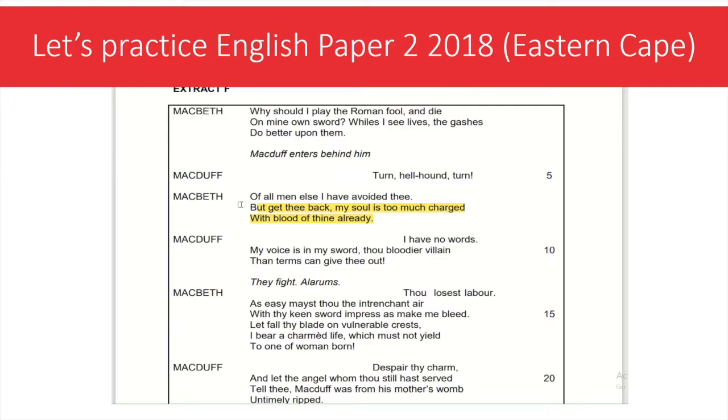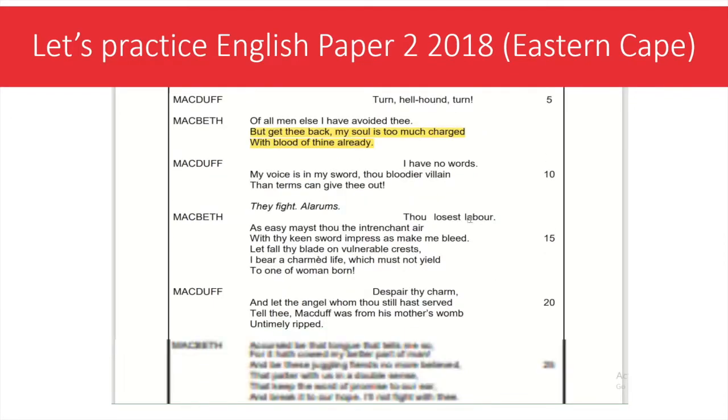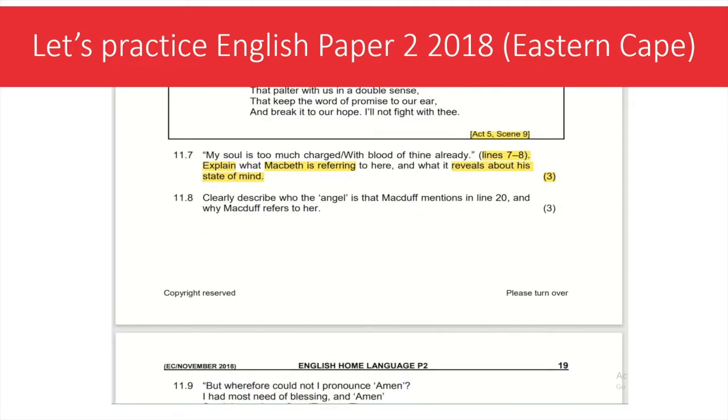So if you remember from the play, which you should, Macbeth killed Macduff's entire family. So Macbeth is saying over here, go away, I don't want to fight you in battle because the blood of your family is already on my hands. So this question is twofold over here. So we need to explain what he is referring to, so the death of Macduff's family, and what does this reveal about his state of mind, and we need to give 2 points over here.